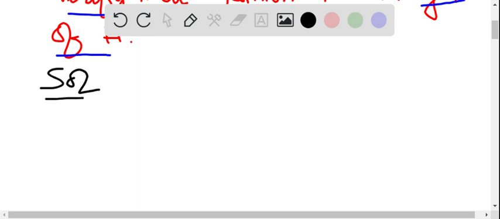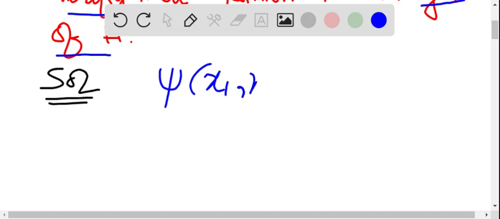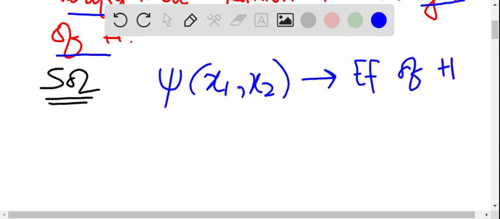Its solution is very simple. We need to prove that the wave function of x1 and x2 is an eigenfunction (EF) of a Hamiltonian for two non-interacting particles in an infinite square well.